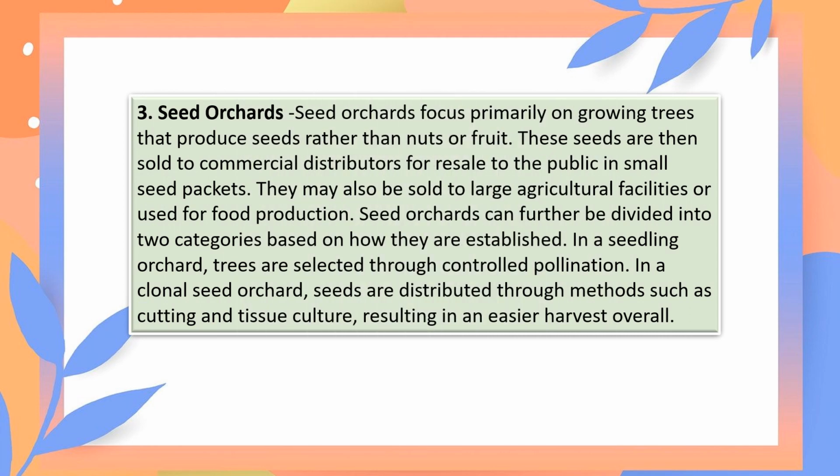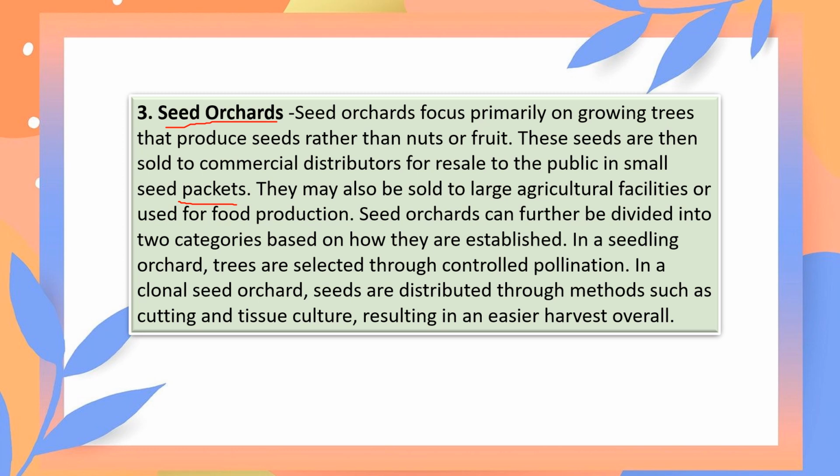Next, we have seed orchards. Seed orchards focus primarily on growing trees that produce seeds rather than nuts or fruit. These seeds are then sold to commercial distributors for resale to the public in small seed packets. They may also be sold to large agricultural facilities or used for food production.